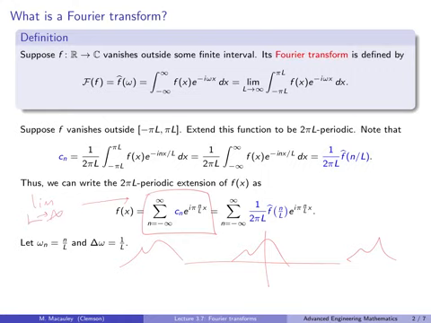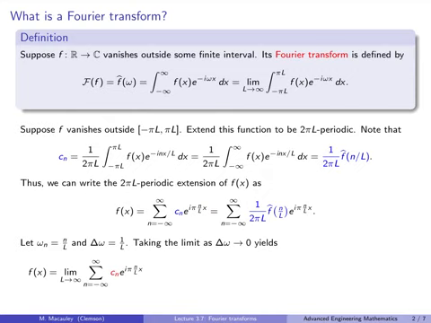If you do that, then this little window gets larger and larger, and everything out here just goes away as these things go off to infinity. So let's do that. Thus, the limit of this Fourier series of this 2 pi L periodic function is the original function that vanishes outside of some finite interval.